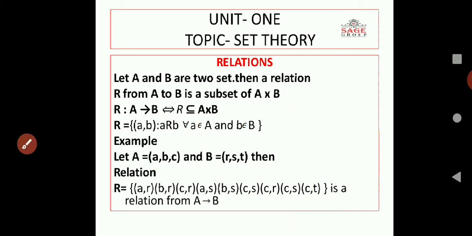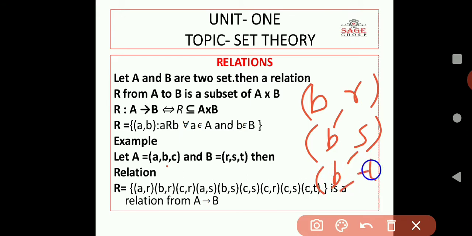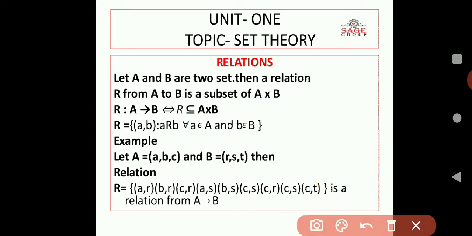And if we take the second element b from here, the relations are br, bs and bt. And if we take the third element c, then the relations are cr, cs and ct. So all the pairs formed between the elements of set A and the elements of set B are called relations.